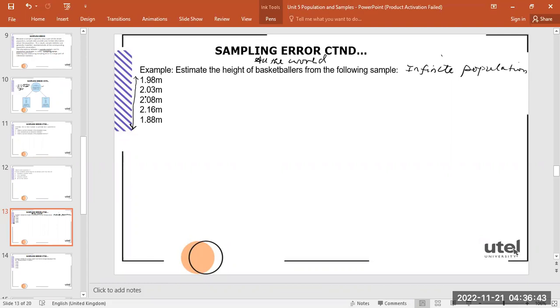So in this case, we'll assume that is the whole basketballers in the whole world. So what are some of the data, the variables that we've been given? We are given 5 samples. So in other words, it means we have our n is equal to 5.